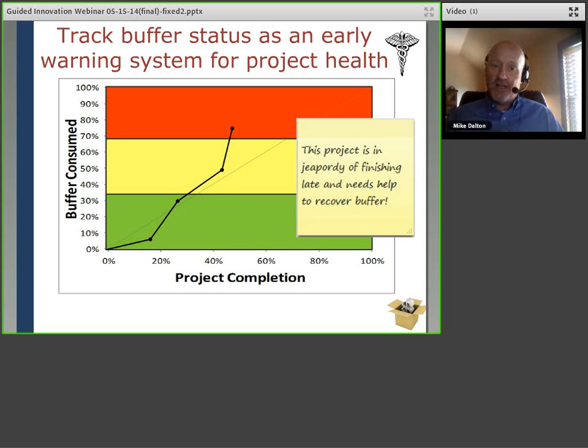And even as you're approaching that line, the project team is doing some planning to take action to recover some buffer and get some tasks done sooner, so that we bring the project in on time. So it's a great visualization that really helps everybody see what's really going on in the project.